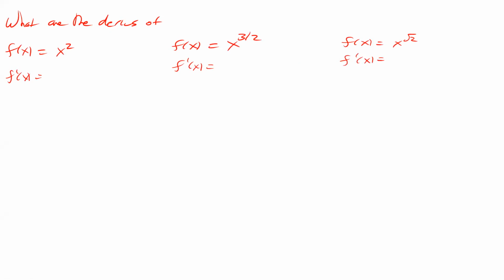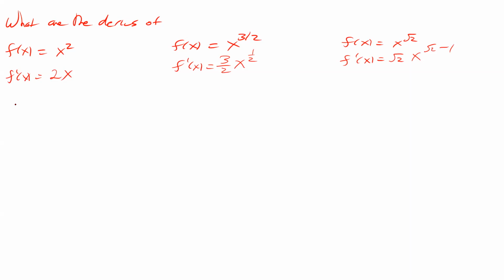First one's going to be 2x. Yep. Second one, 3/2 x to the 1/2, good. And the third, root 2 x to the root 2 minus 1, good. How do you calculate the derivative of the first?